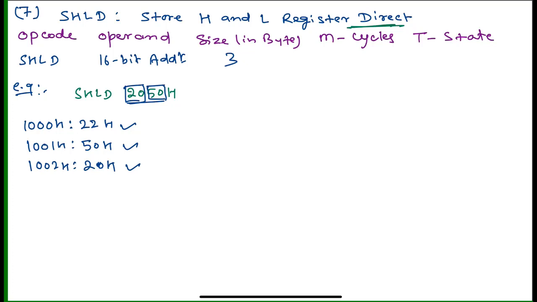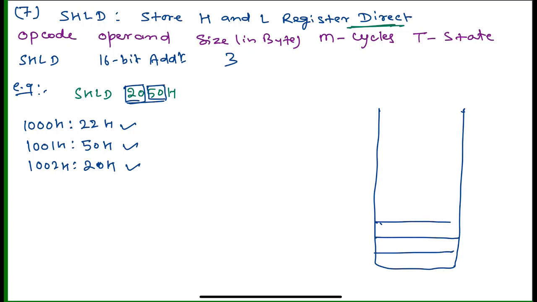So let's say this is the memory part, and in this memory the starting address to store this instruction is 1000H. At 1000H it is storing its opcode, 22H.